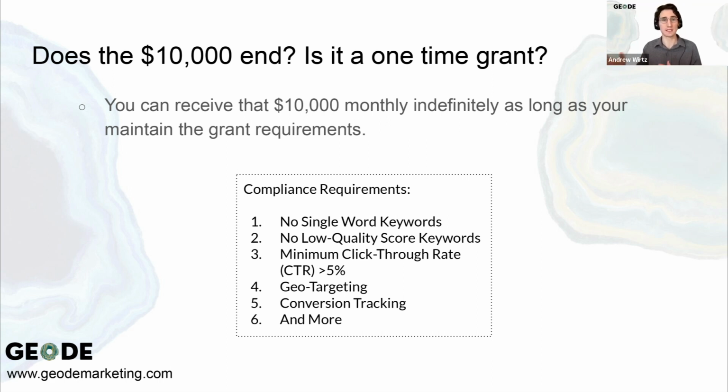There are more than just these 5, but Google has all this information online. Also, we can share them with you guys. If you have any questions, feel free to reach out to my team. And yeah, there's a lot of resources from Google on how to make sure you maintain the grant.